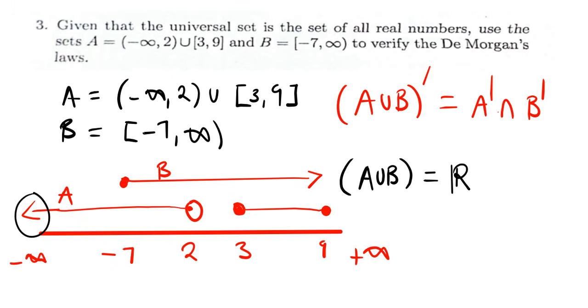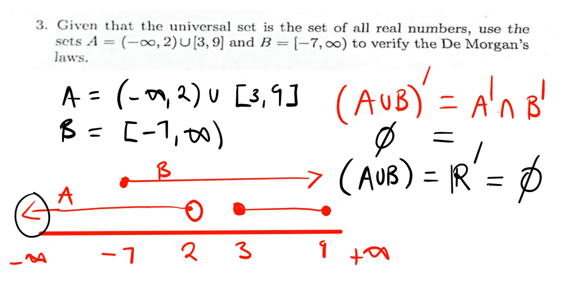Now if it's giving us all real numbers, then there's a complement there. It means we're trying to find the complement of all real numbers, which doesn't exist. In this case it is going to be an empty set. So here we have an empty set.